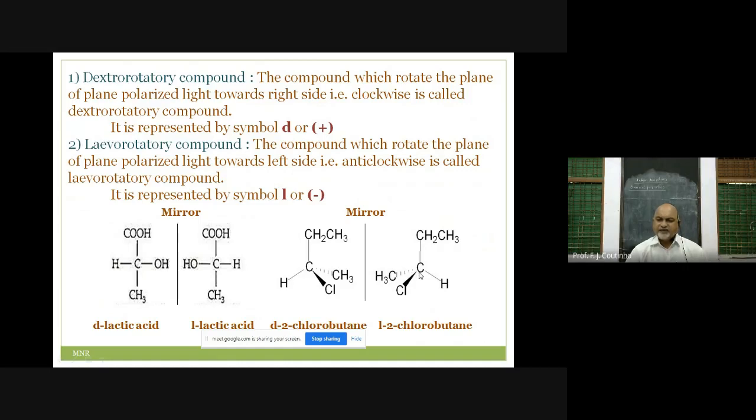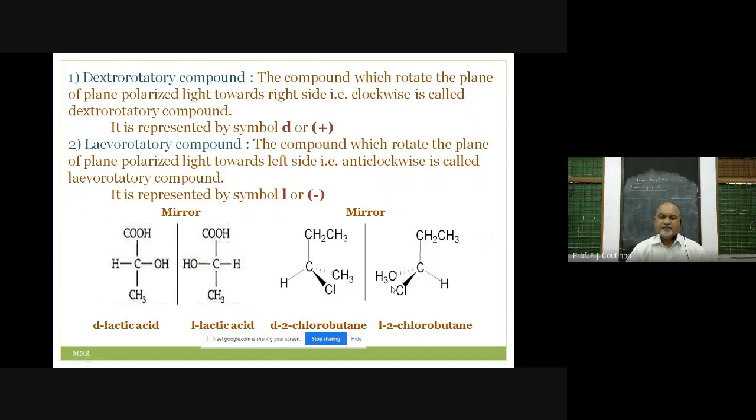But if you try to lift this up and impose it on this carbon atom, they are non-superimposable mirror images. Ethyl will coincide, but methyl will not coincide. Chlorine will not coincide with chlorine, and hydrogen will not coincide with hydrogen. So they are non-superimposable mirror images.